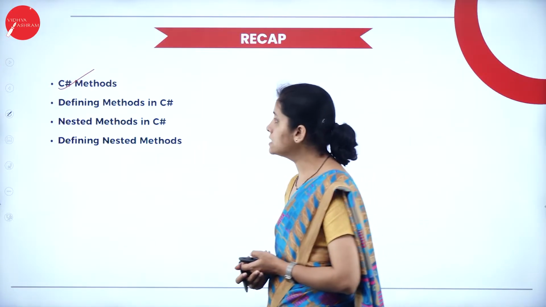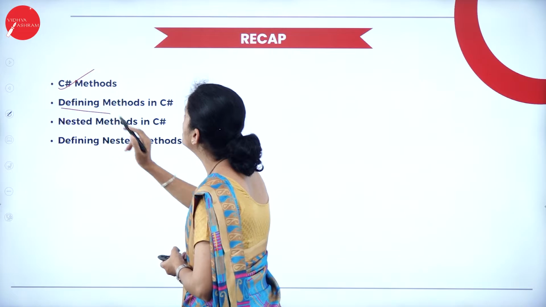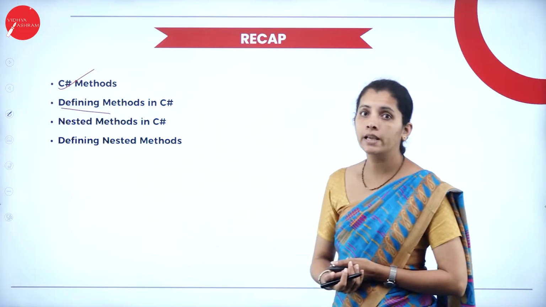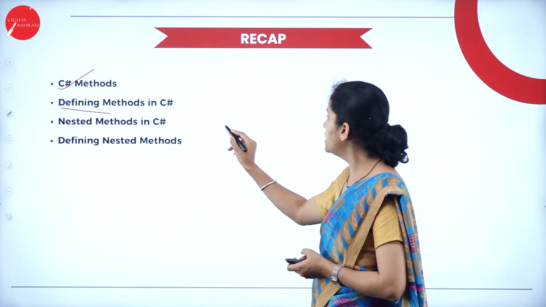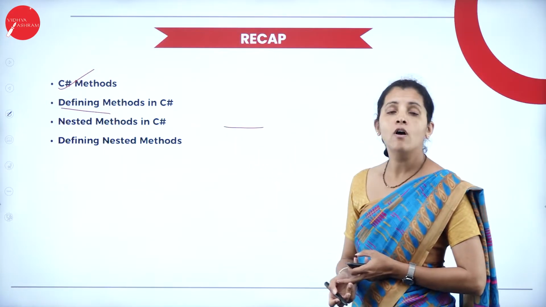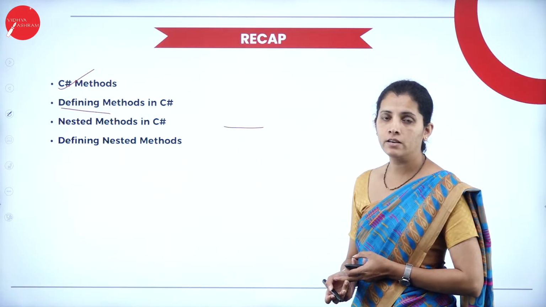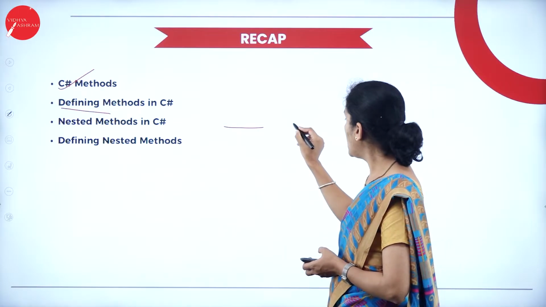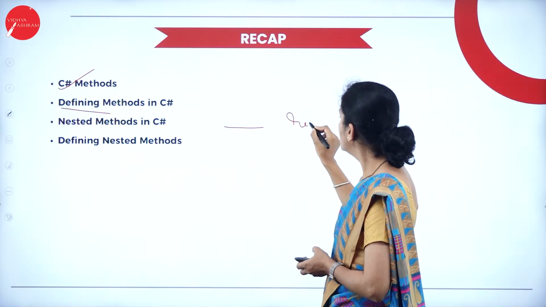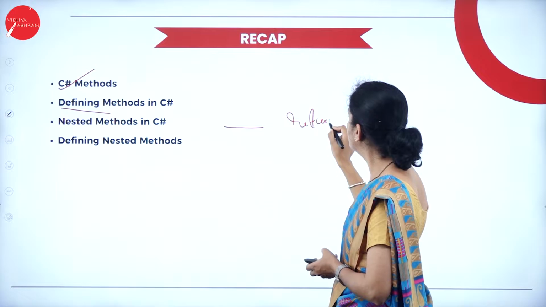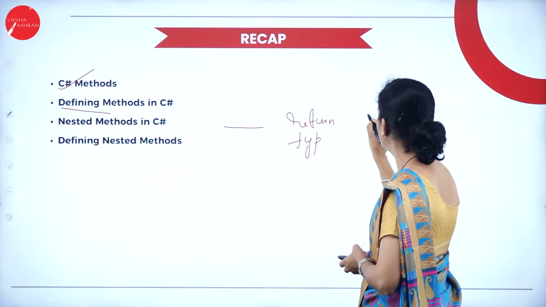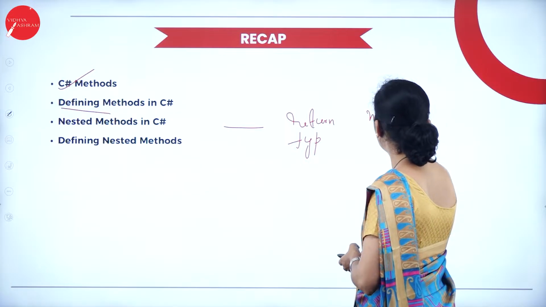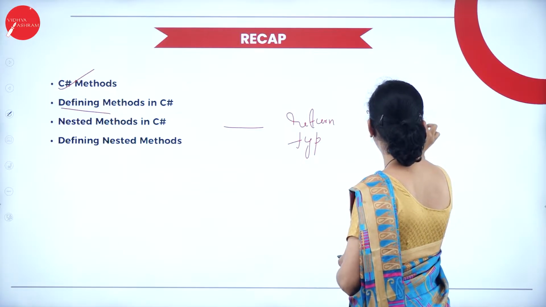Then I discussed how to define methods in C#. At the beginning, I have the format specifier. Along with that, I have the return type. Along with that, I specify the method name.